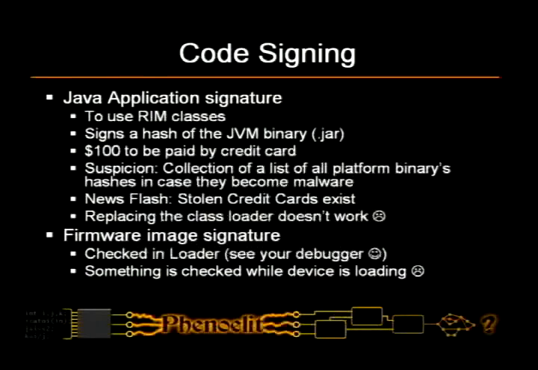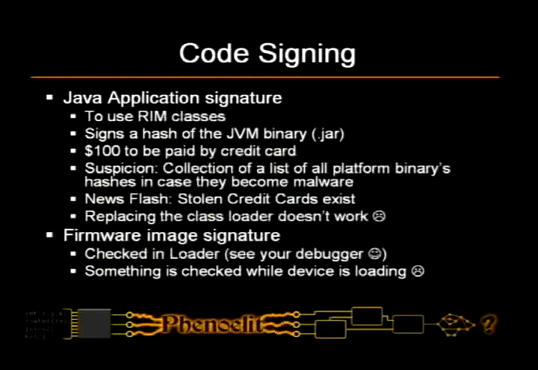Oh my God. Okay, so how the signing works is you make a hash of your Java binary, you send it to RIM, the hash, you pay $100 by credit card to get an account, and then you get it signed by RIM.